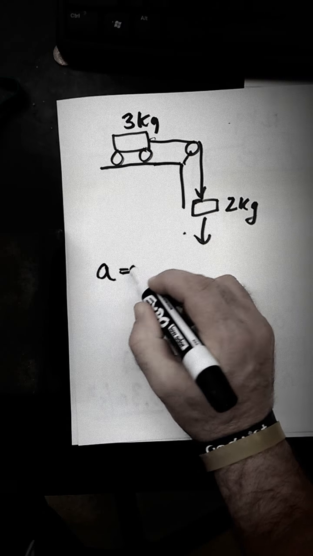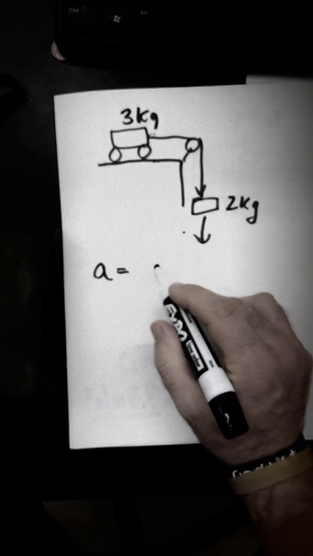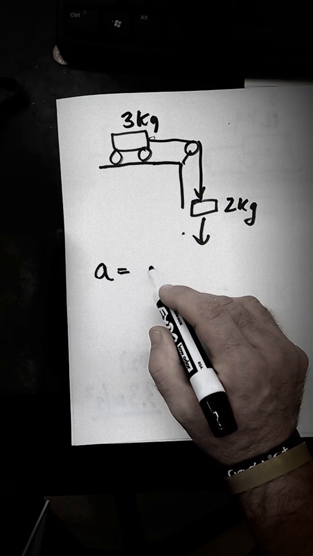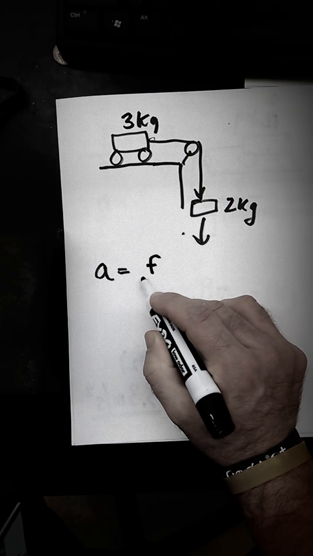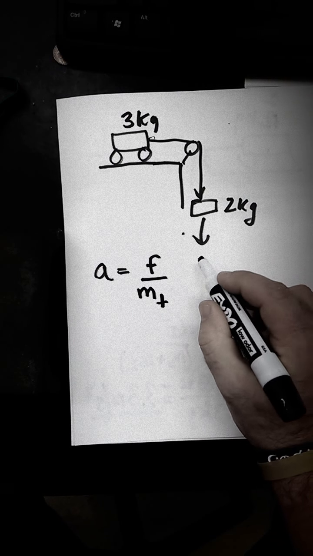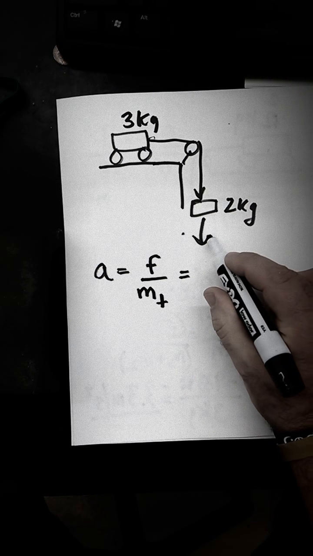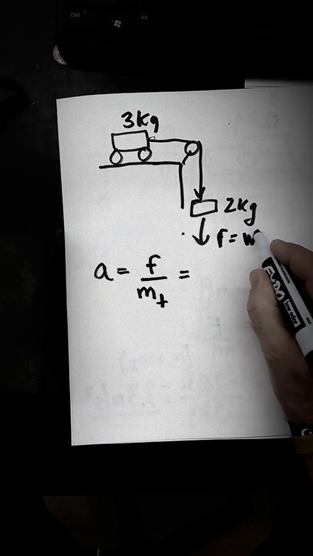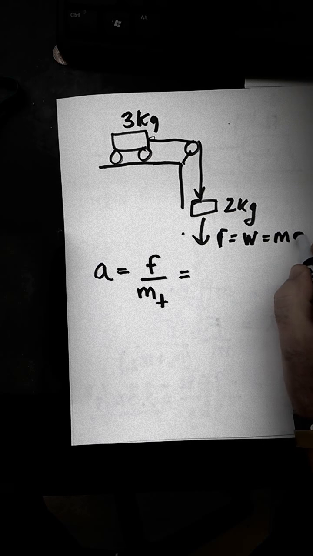Finding the acceleration of this system is going to be as simple as taking the force over the mass total, which means we've got to figure out the forces here. So the force is equal to the weight, which is mass times gravity.